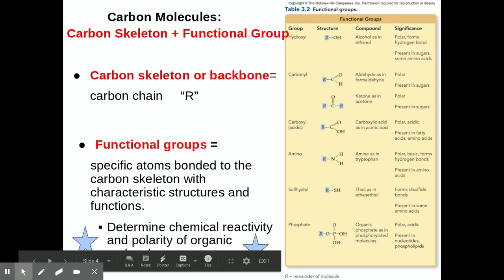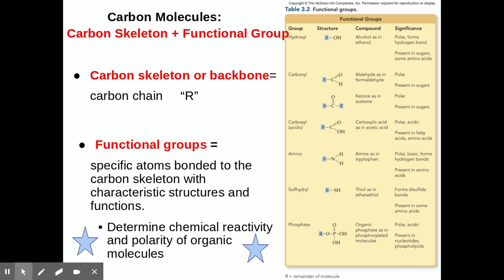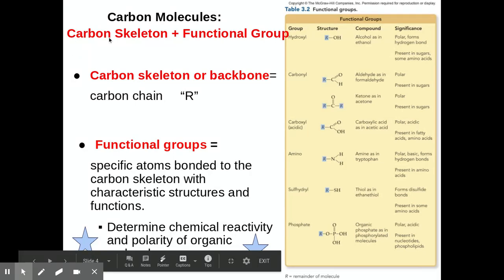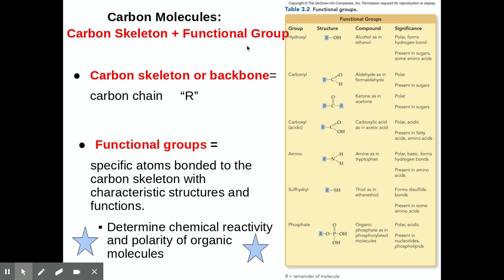But first, we want to talk about the structure of organic molecules. If they're organic, like we said, they've got to have carbon and hydrogen in them. There are 2 things about them. They have a carbon skeleton and they have a functional group. The carbon skeleton, or the backbone, is referred to as the carbon chain.